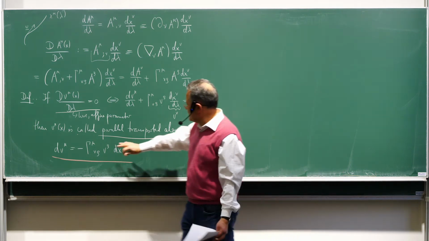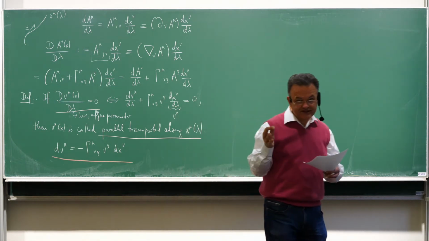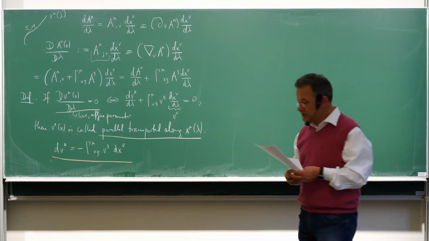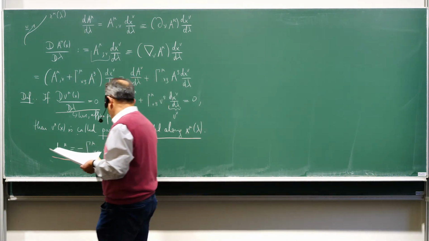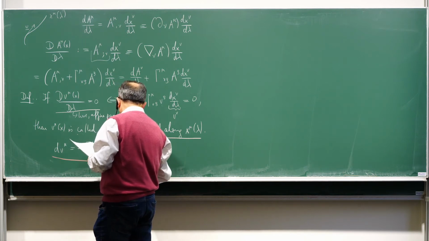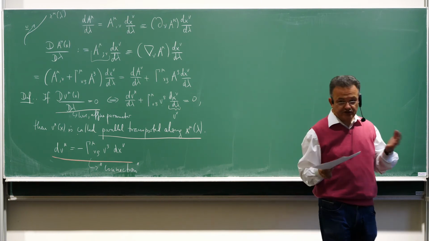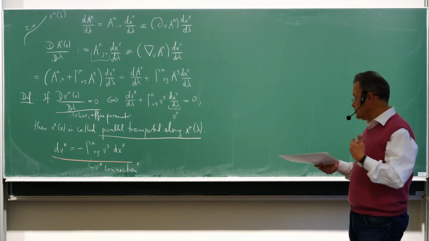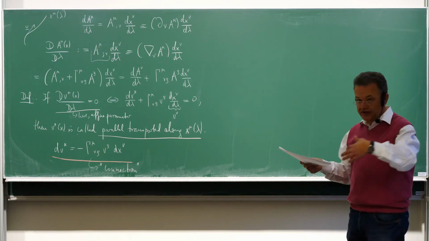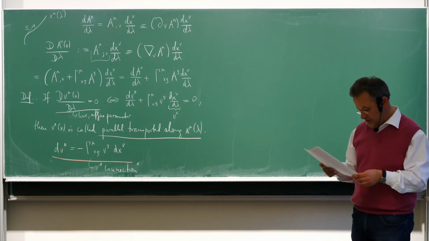But here you see this gamma somehow connects different points along the curve in the sense of a parallel transport. And it's because of this that this is called mathematically a connection. In a more mathematical way, you could say that if you have such a structure on your manifold, you can define naturally this parallel transport. You can connect different points. Otherwise, if you don't have such a structure, they are just independent.